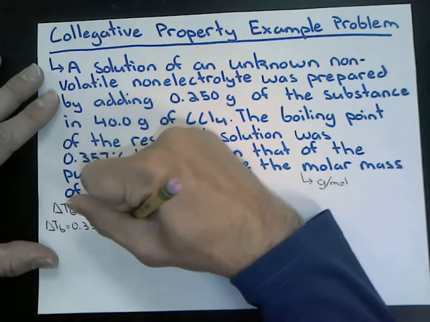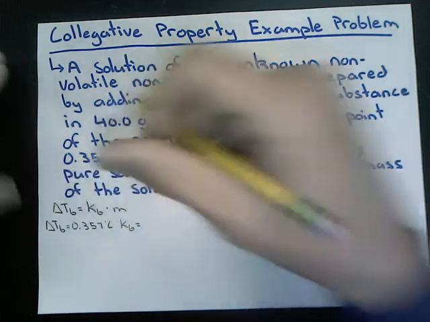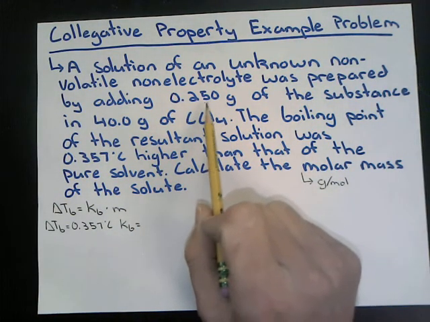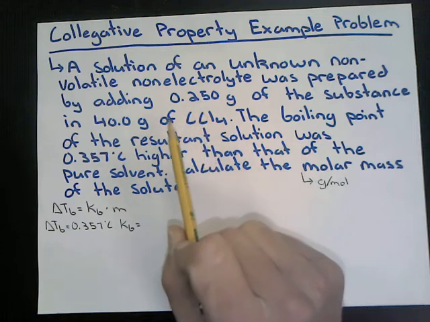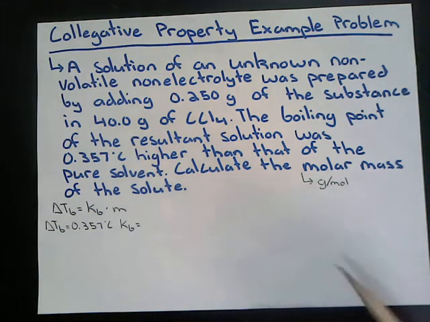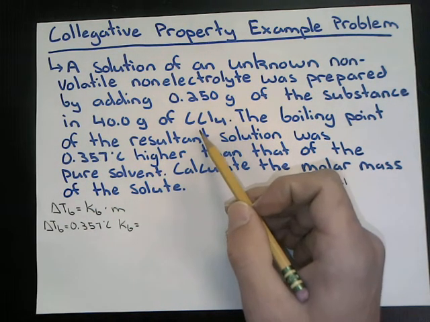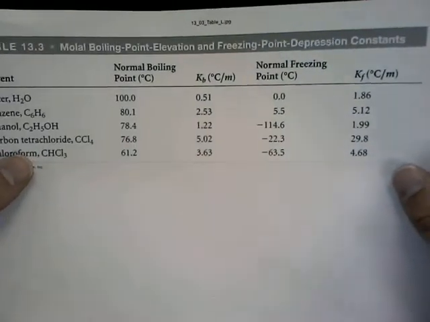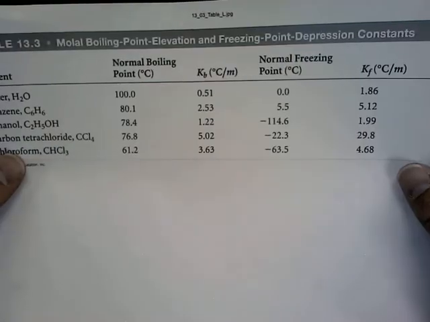And then our KB, you may be at a loss here, but look at this. We had the unknown solute dissolved in 40.0 grams of carbon tetrachloride. So CCl4 becomes our solvent, and ultimately we can use that to find our KB.